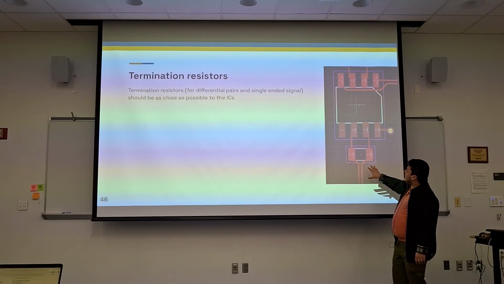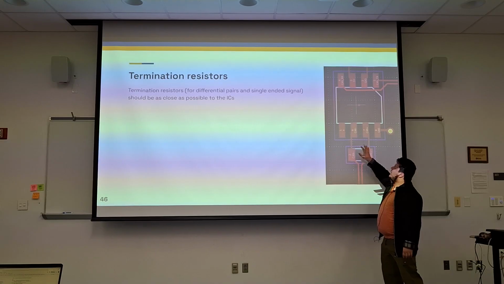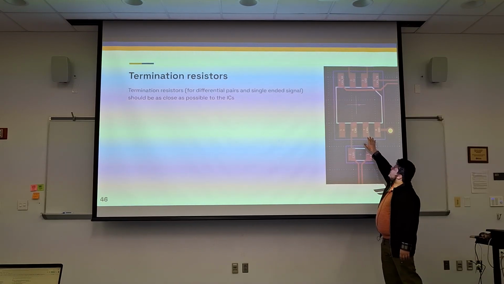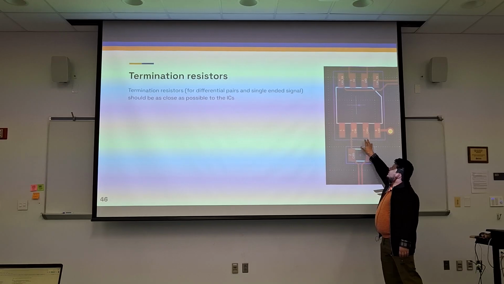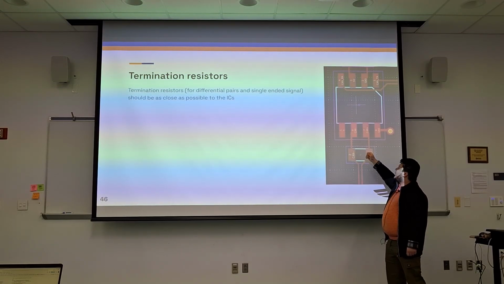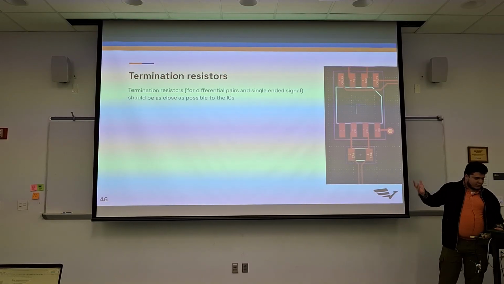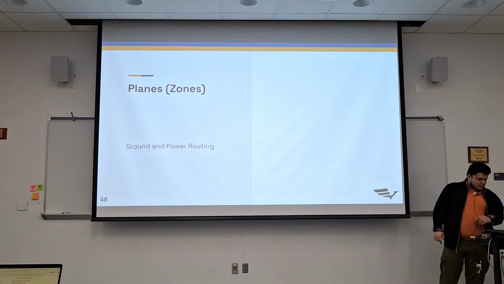You're expecting that you've already gone through a certain impedance, and then you're trying to match it before going into the IC. So it doesn't make sense to then create another long trace that is going to create another impedance mismatch, right? So you always want this to be as close as possible to the source.